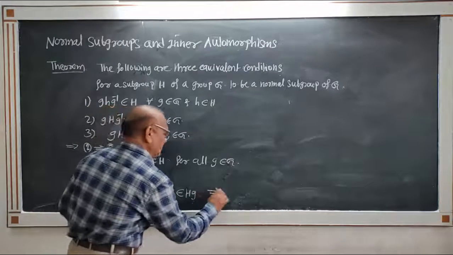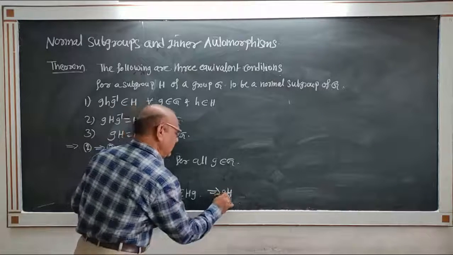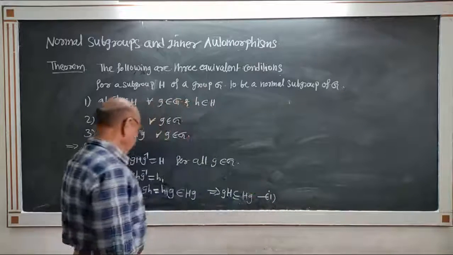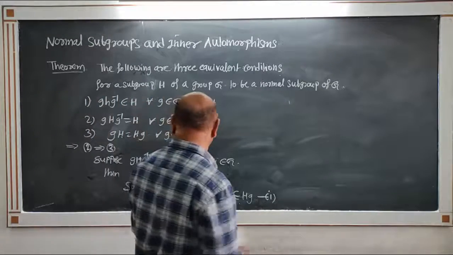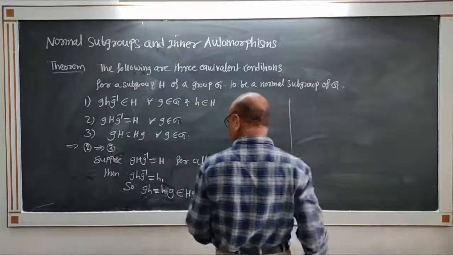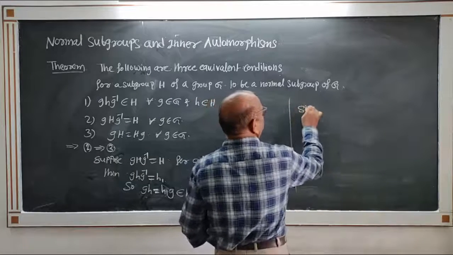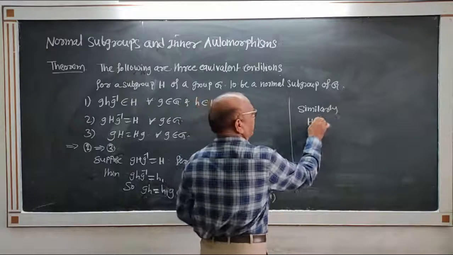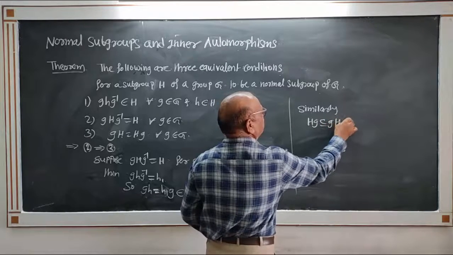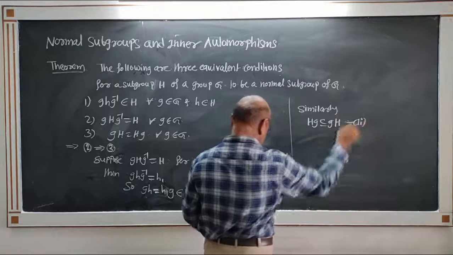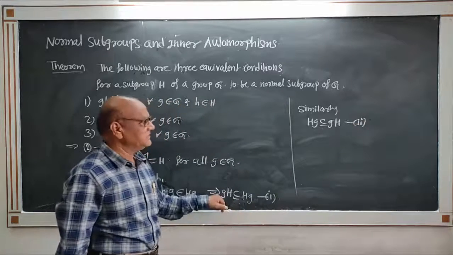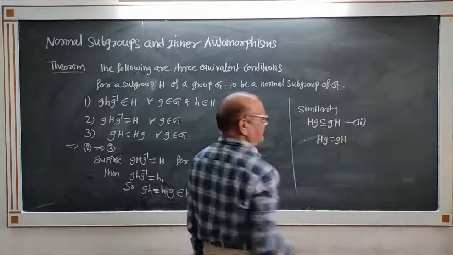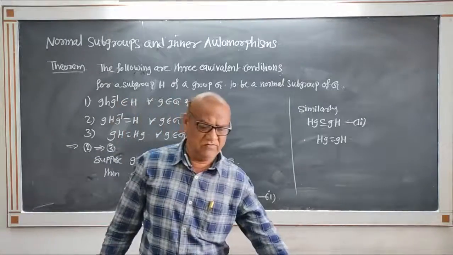This gives gH is a subset of Hg, first. Similarly, Hg is a subset of gH, and so this gives Hg is equal to gH.